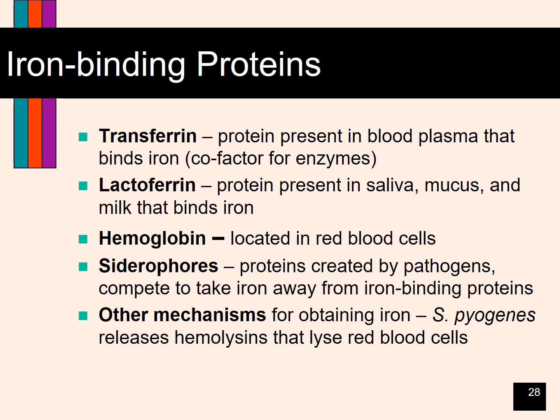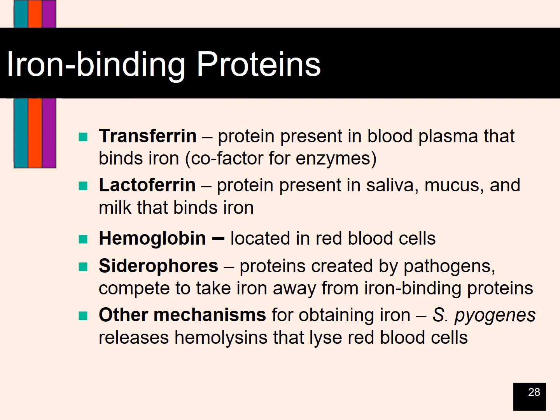I just wanted to talk about some other proteins. These are iron binding proteins. The first three on this list, transferrin, lactoferrin, and hemoglobin, are our iron binding proteins. Transferrin is a protein in blood plasma that binds to iron.